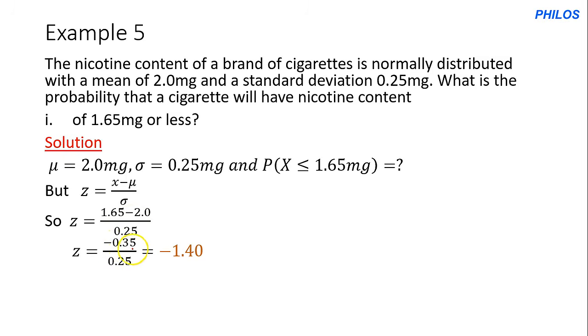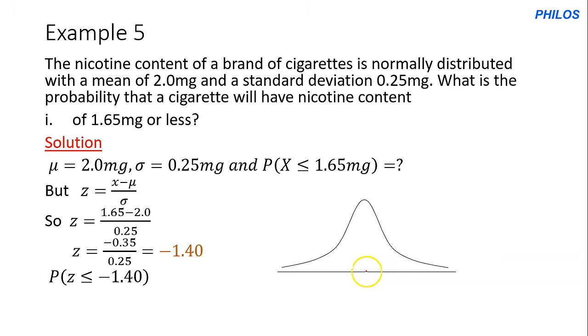And negative 0.35 divided by 0.25 should give you negative 1.40. So our z is now negative 1.40. So what that means now is that we are finding the probability that z is less than negative 1.40. So to do that, we can sketch a curve for this also. Remember, the middle is 0.